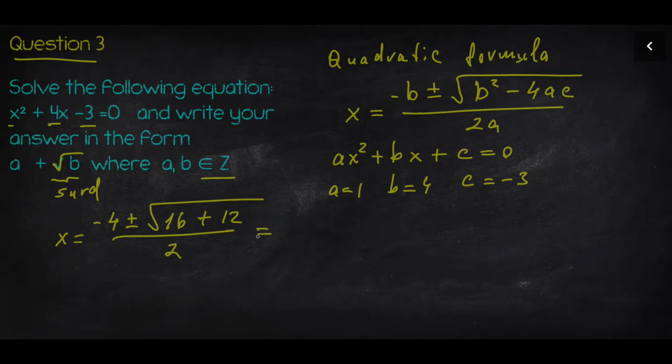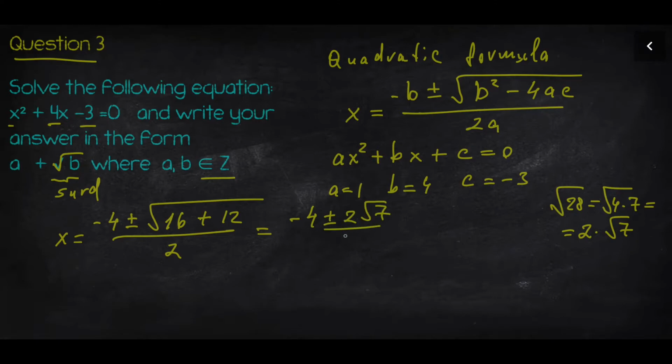So let's remember how to work with surds. The square root of 28 is the square root of 4 times 7. That means we can say it's 2 square root of 7, okay? So we can write minus 4 plus minus 2 square root of 7, and everything over 2. Alright, so we just do division by parts.